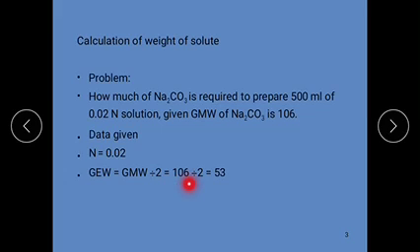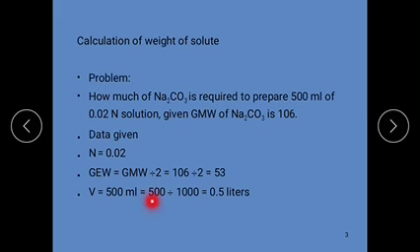This equals 106 by 2, equal to 53. So the gram equivalent weight of sodium carbonate is 53. Then the volume of the solution is 500 ml.